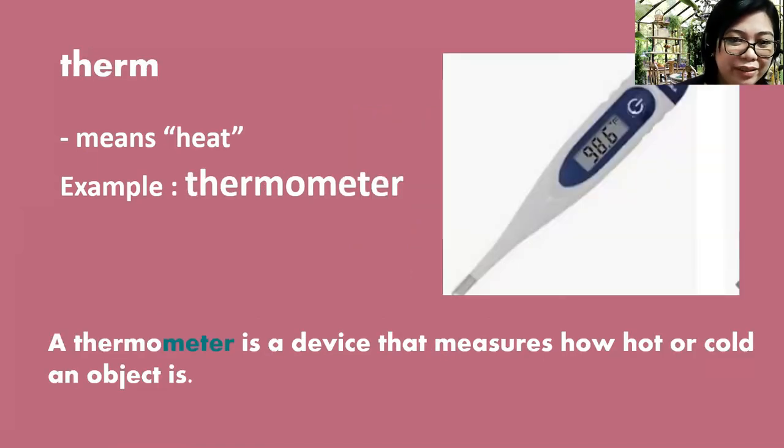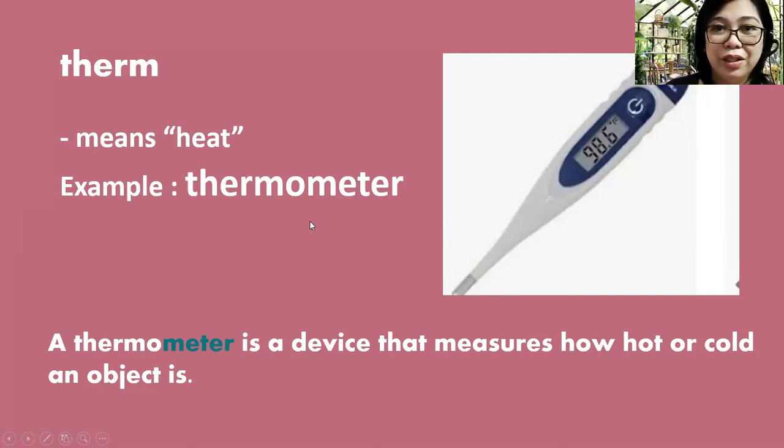Next one, we also have the root word therm. I think you're very familiar with this word. Thermometer. Therm means heat. So we have here the root word therm. A thermometer is a device that measures how hot or cold an object is. I know you've learned about this in your science lesson, right?